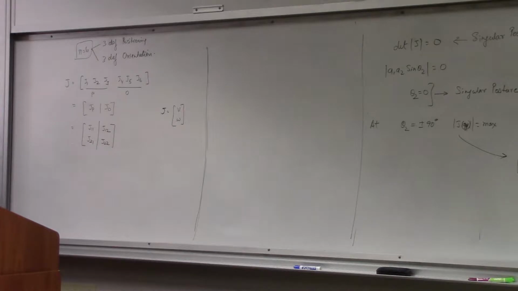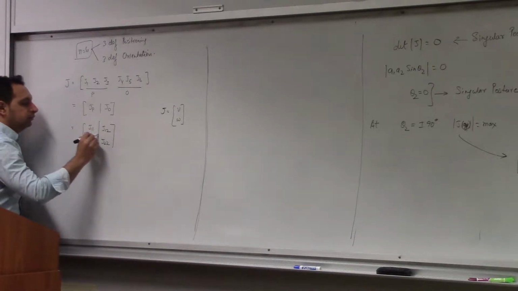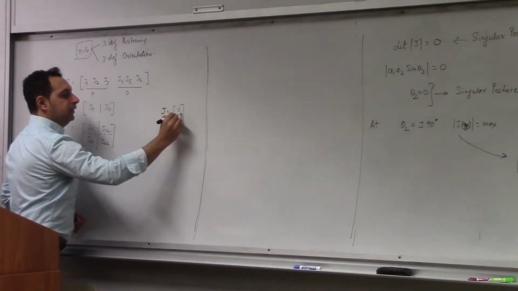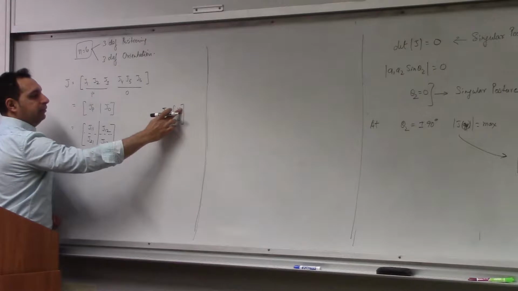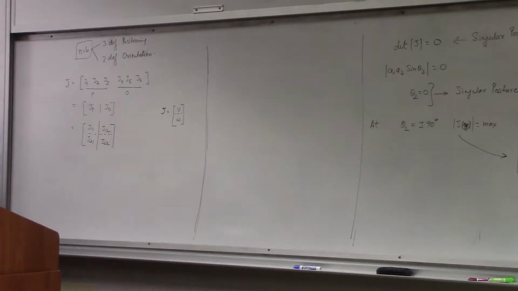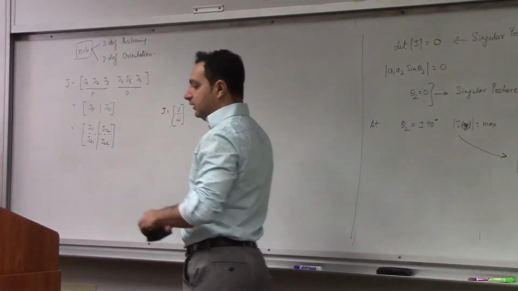That means I'll split this like this, because it has a velocity component. The top 3 is the linear velocity component, the bottom 3 is the angular velocity component. So there are 2 components of the Jacobian for every column, so I can write this as this.